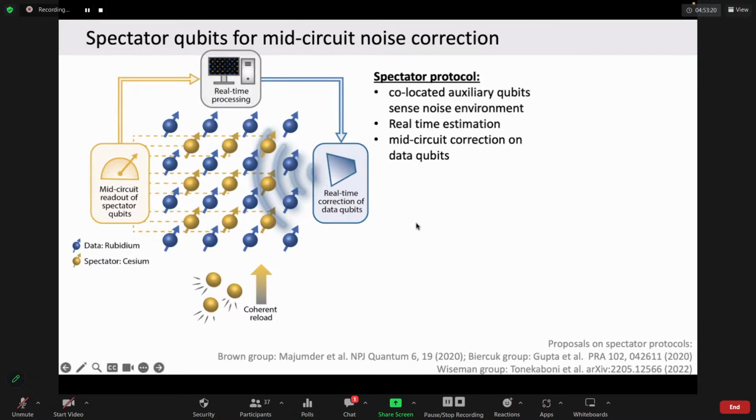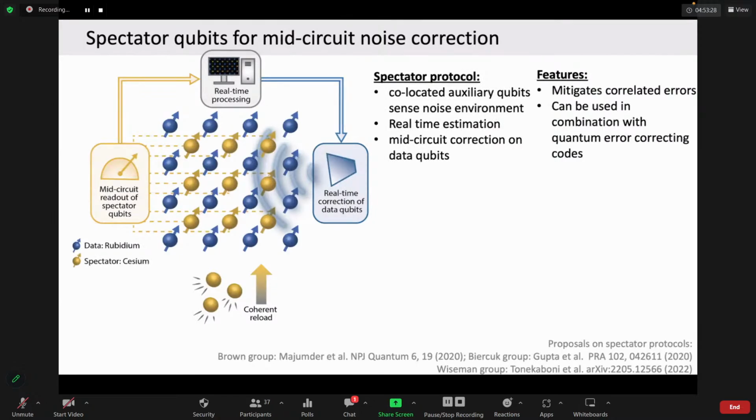So it's basically co-located auxiliary qubits that sense noise and then correct for it. This is actually a really interesting protocol because it helps you to mitigate this kind of global long-range noise where quantum error correction schemes can face challenges, especially at large noise strength.